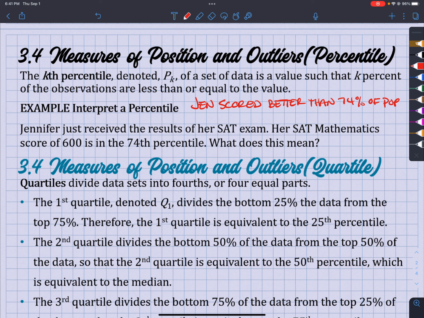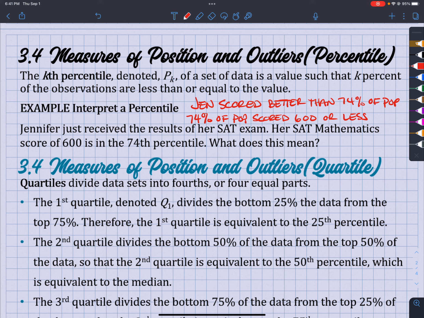We can also say it this way: 74% of the population scored 600 or less.